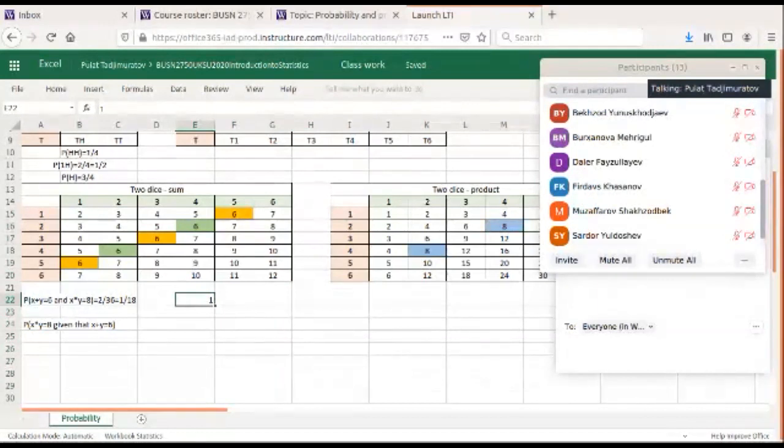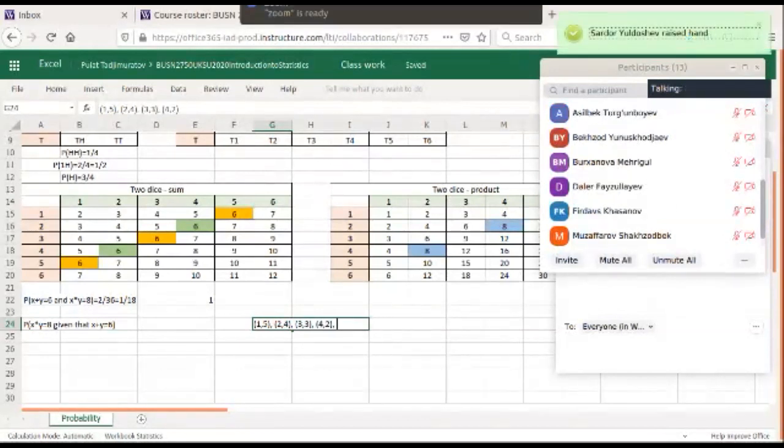6. So we know that those dice are in one of these 5 combinations. So let me put them here. So it's either 1 and 5, or 2 and 4, or both of them are 3, or 4 and 2, or 5 and 1.